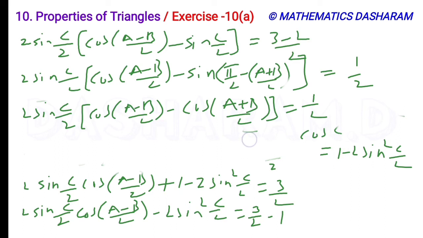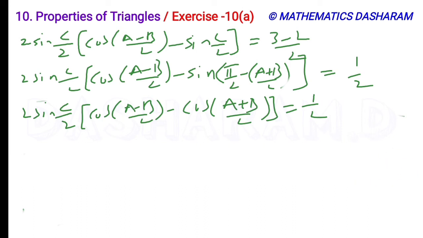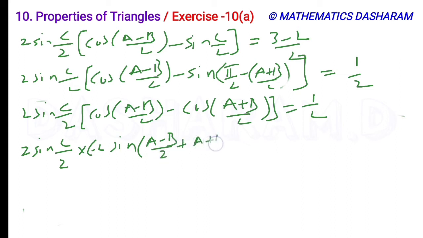Now the cos C minus cos D formula: minus 2 sin (C plus D)/2 into sin (C minus D)/2. So 2 sin C/2 into minus 2 sin (C plus D)/2, that means (A minus B)/2 plus (A plus B)/2 into sin (A minus B)/2.